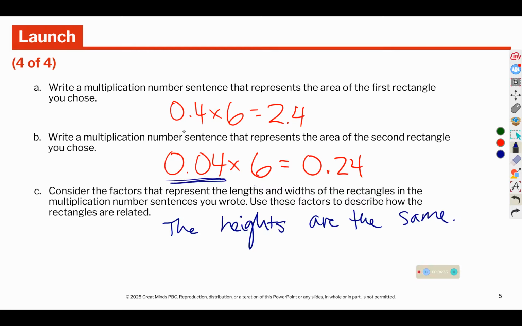The base is 1/10 the size. 0.4 split into 10 parts would be 0.04. So the area is also 1/10 of the original rectangle.